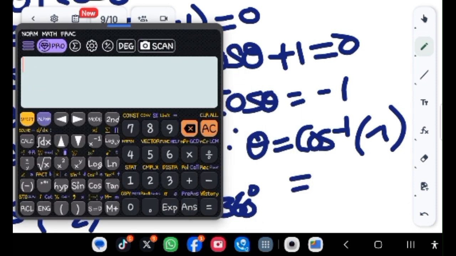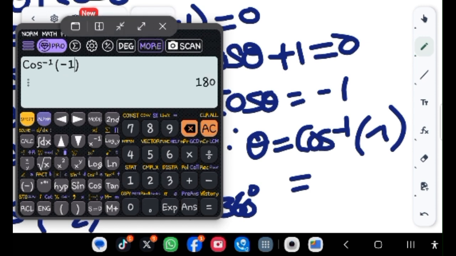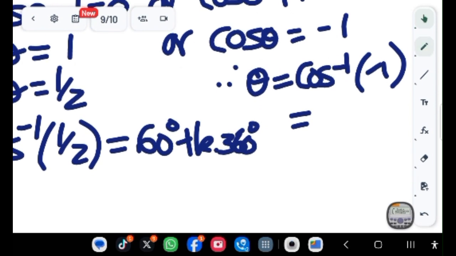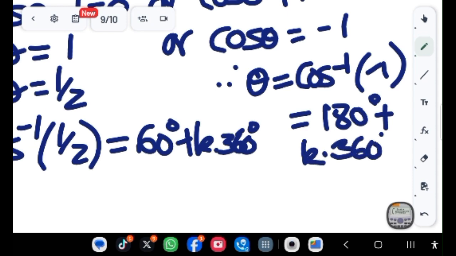Shift cos of negative 1. That gives us 180 degrees, and we'll go plus k times 360 degrees.